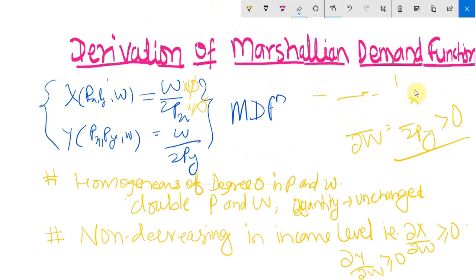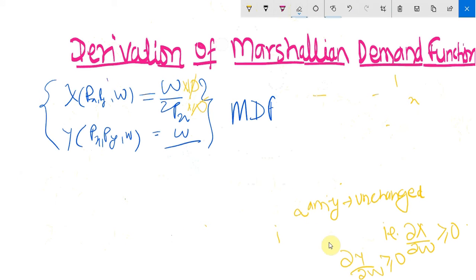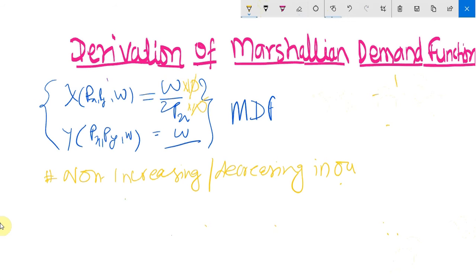So now we go to the third property. The third property is regarding the relationship of quantity demanded with its price level. So the third property is that the demand functions are non-increasing or decreasing in own price.